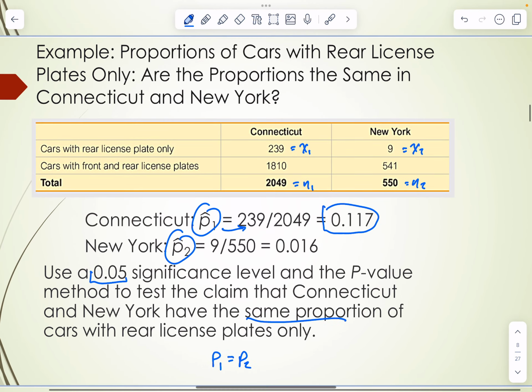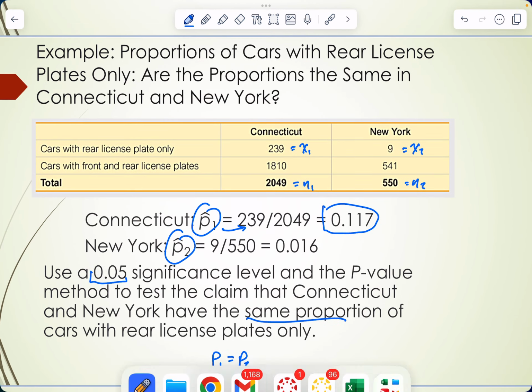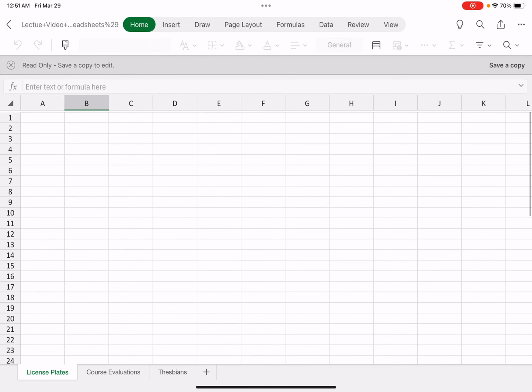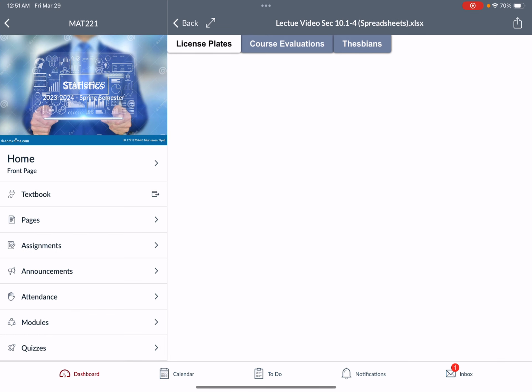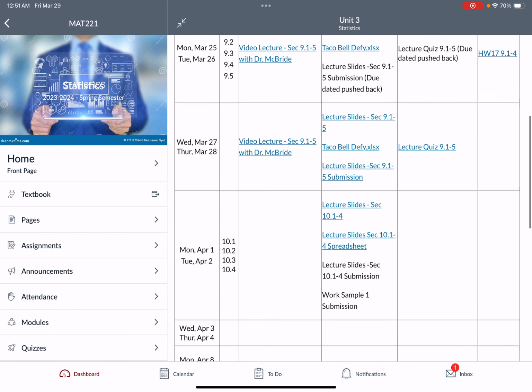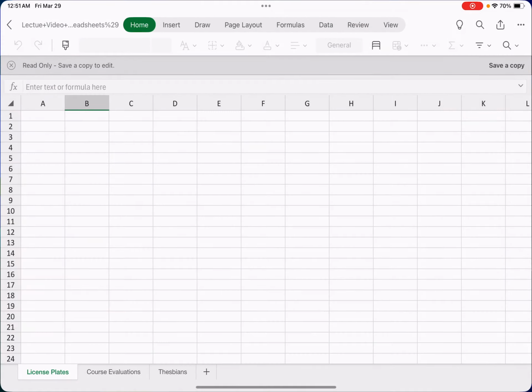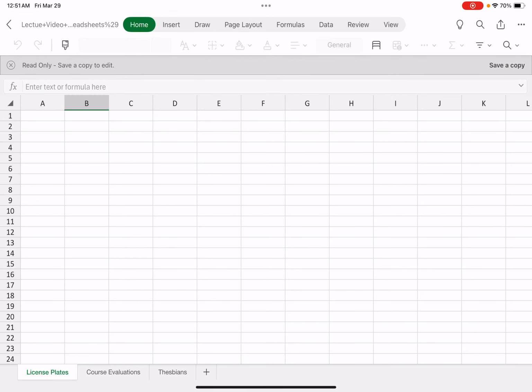Okay. All right. Let's go ahead now and get Excel open. On the Canvas app, you will see on the home page a spreadsheet that you can download. I have downloaded that and shared it to Excel, and this is what I'm going to use.